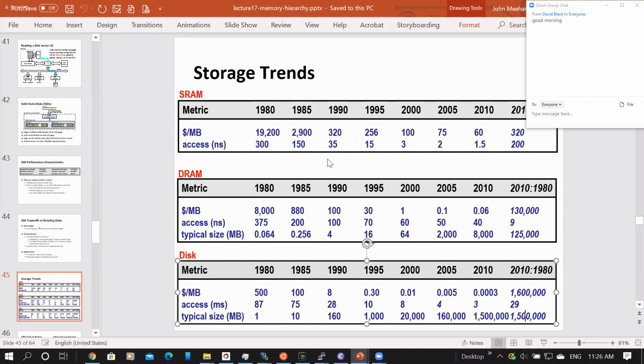So they're silly kinds of comparisons, but it does drive home the point that these things have massively improved in capacity, speed, and price. But the one that isn't improving that much in terms of speed is this DRAM, right? And so that's kind of a problem.